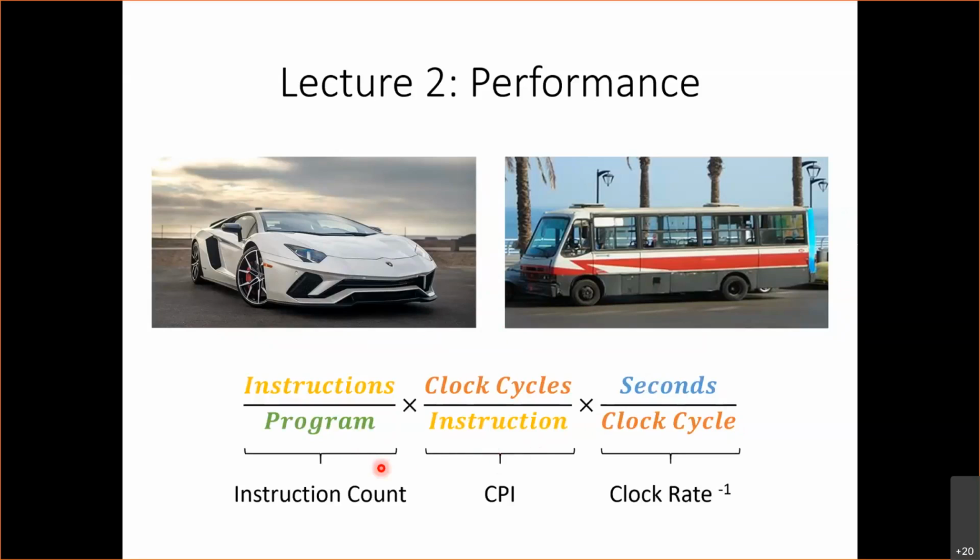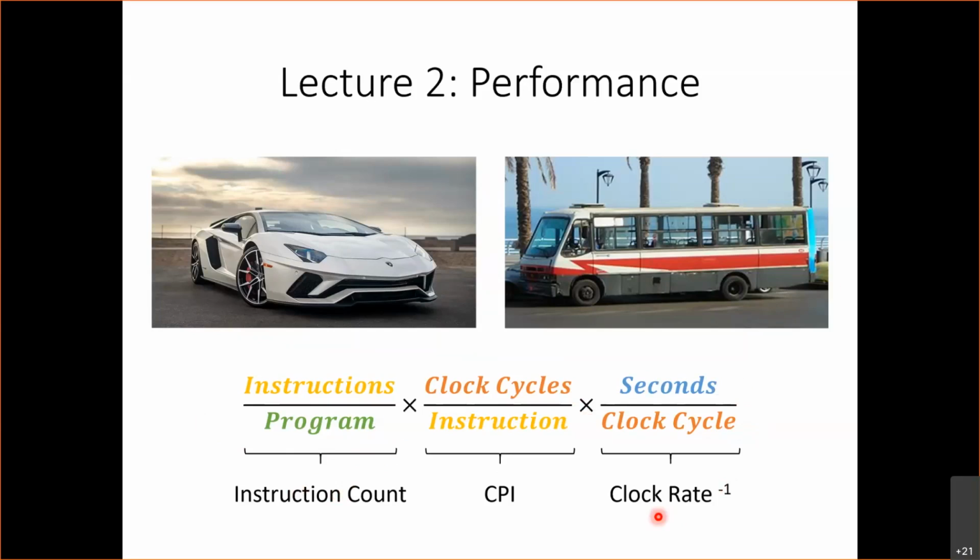We looked at this equation and we saw how the execution time of a program depends on three factors: the instruction count, the number of instructions in the program; the clock cycles, the number of cycles it takes to execute an instruction on average; and then the seconds per clock cycle. So this is the period, or the inverse of the clock rate, or the inverse of the frequency of the processor.